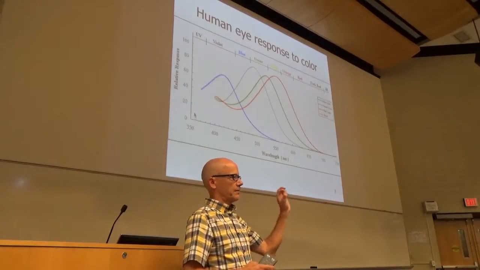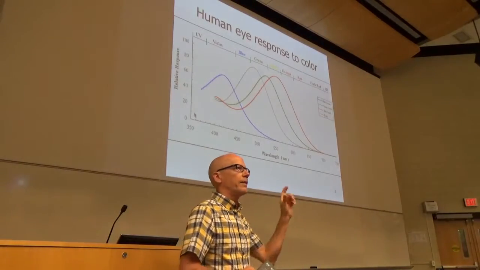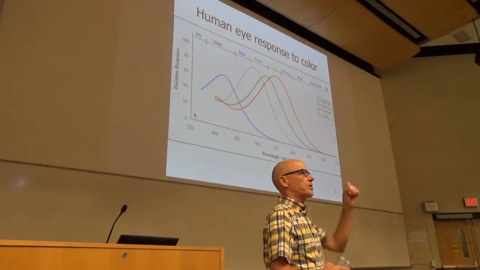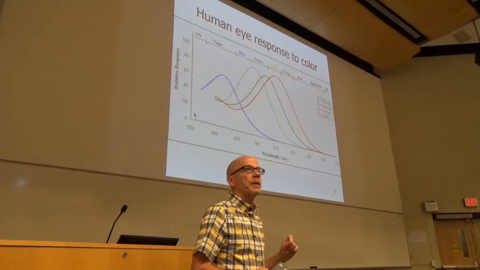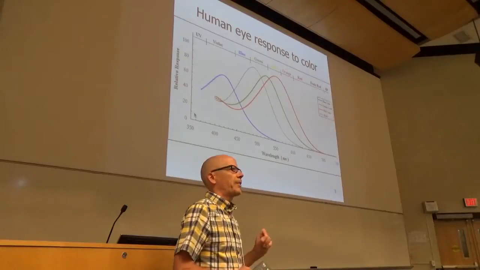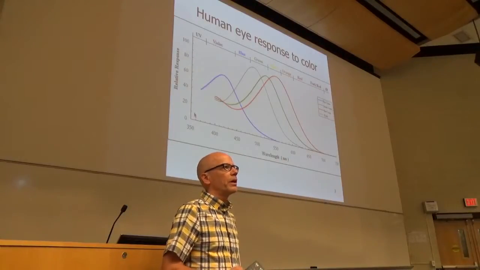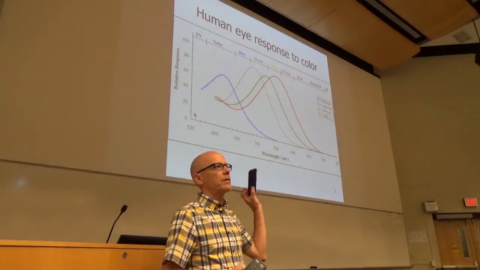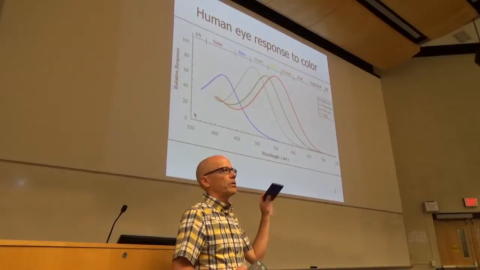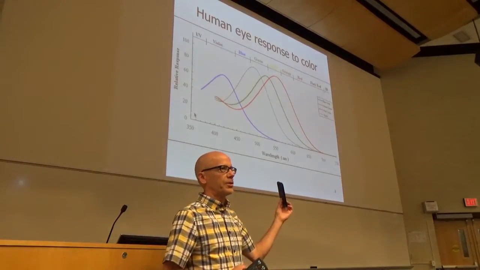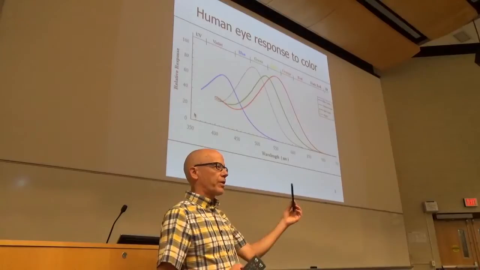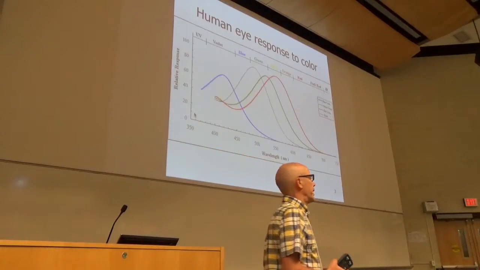We have cells that are sensitive to red, green, and blue, and the combination of those allows us to see the full spectrum. Turns out that's exactly what happens in your camera. So in here, it's doing the same thing. It has red, green, and blue sensitivity, which is matched to the human visual system. And with that sensitivity, we can see color on a device like this.